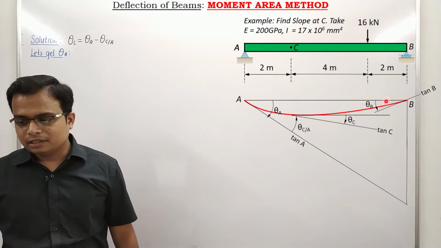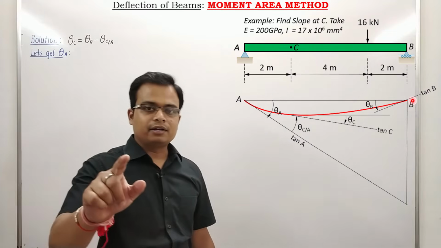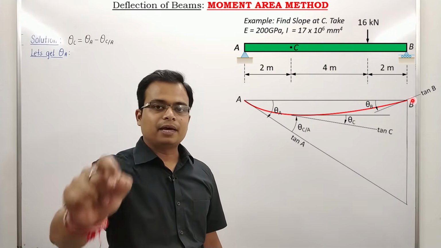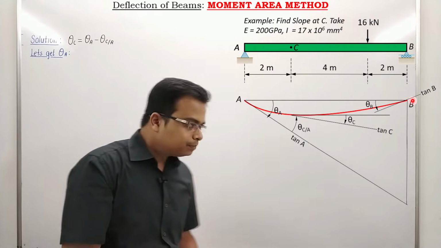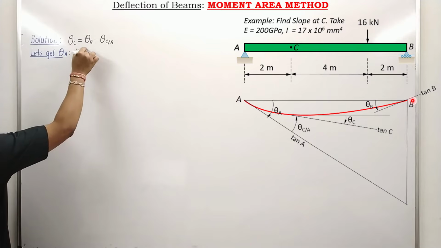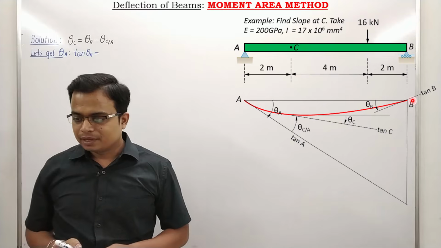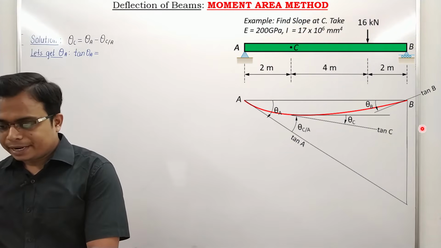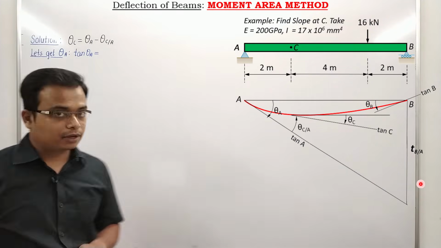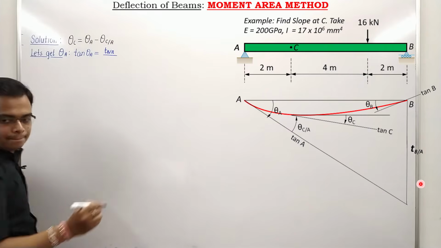Obviously, you can clearly see that this represents a right angle triangle. Whenever you see a right angle triangle, don't worry, simply apply trigonometry. I'll write over here tan theta A. Tan theta A is equal to this perpendicular, that is T B by A, divided by the base.